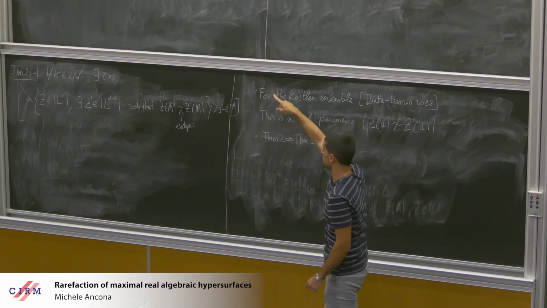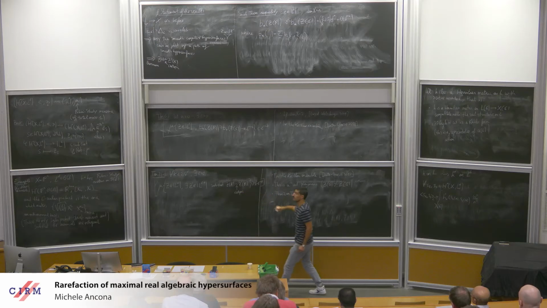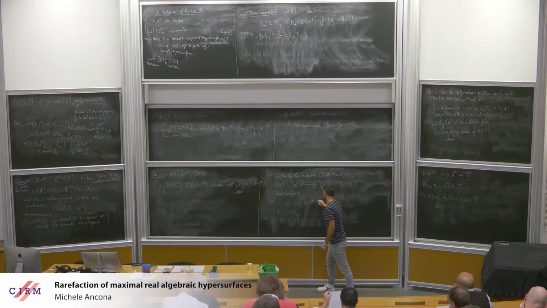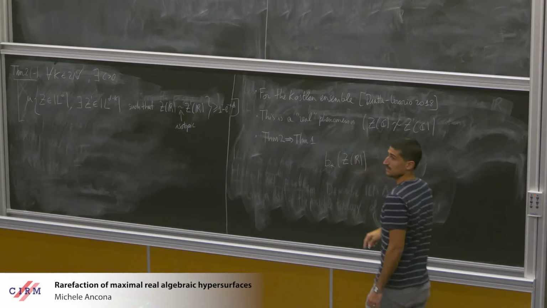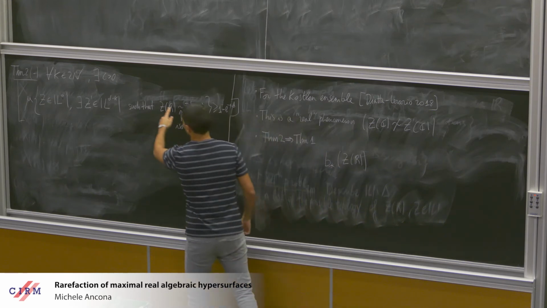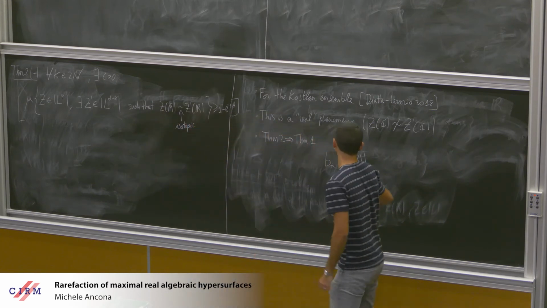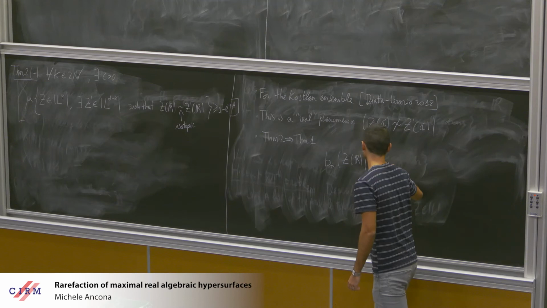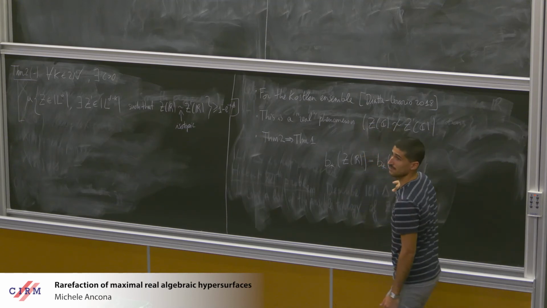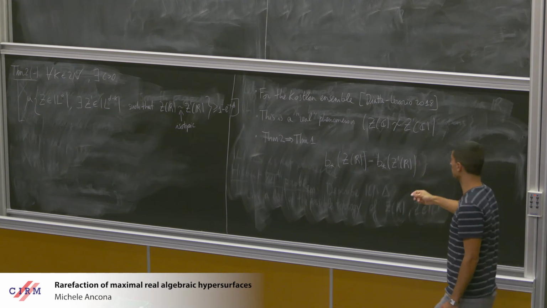Indeed, let's prove theorem 1 using theorem 2. So we take a hypersurface in degree D, and outside a set of small measure, this total Betti number will be the same as the total Betti number of a hypersurface of smaller degree.